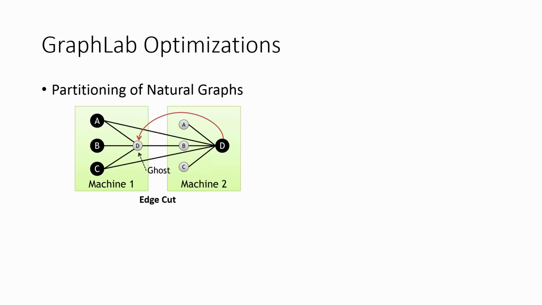Now, the edge cut metric is a simple representation of partitioning of a graph across multiple machines. It is simple in the sense that it is usually known upfront how many vertices a graph has, and you could just randomly split the vertices between multiple machines, keeping ghost vertices to keep track of remote vertices. However, this is not necessarily a great partitioning strategy in case you have social network style graphs, which are highly unbalanced and have certain vertices with a large number of edges.